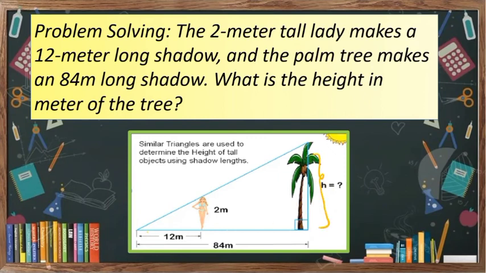So if we illustrate our given, we can figure this out. Similar triangles are used to determine the height of tall objects using shadows, because we cannot really measure the height of tall objects unless we use a device. So we're going to use the shadow of another object, which is the tall lady here.